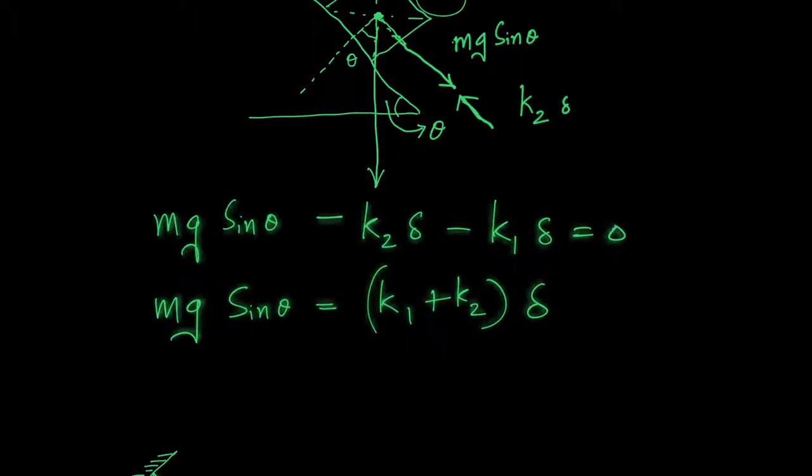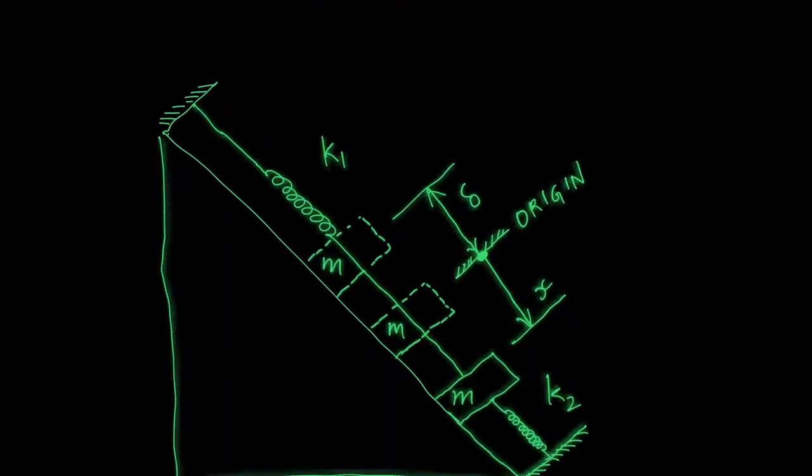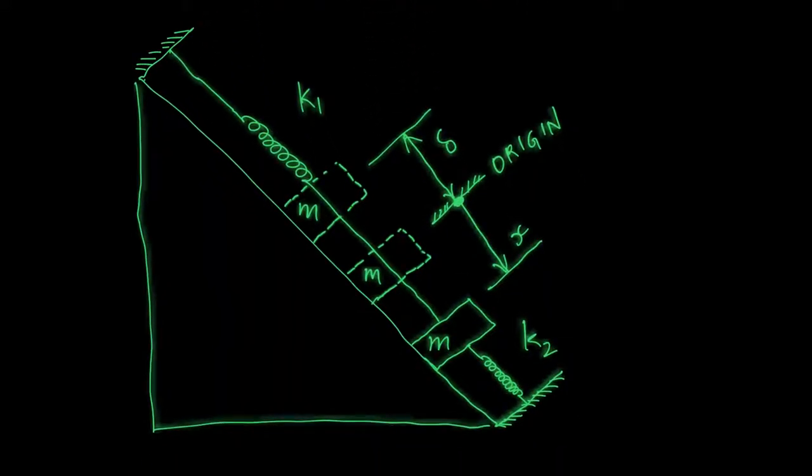That's not over. Now we need to define a coordinate system x, which should be defined from the point of static deflection as shown over here. So it is defined like this. This is the origin and this is the positive direction of x. This was the initial configuration.